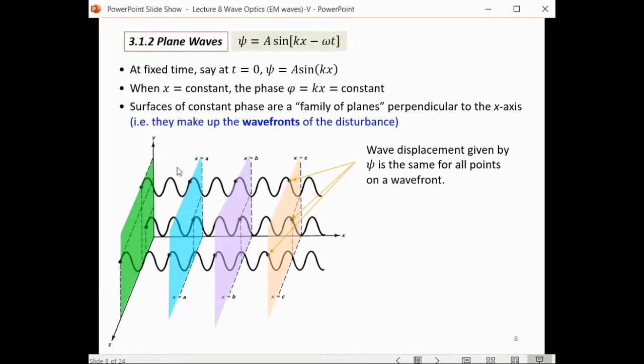The plane wavefronts at x equals a, x equals b, and x equals c will be perpendicular to the direction of propagation of the wave. The wave displacement psi at all points on the same wavefront will be the same.